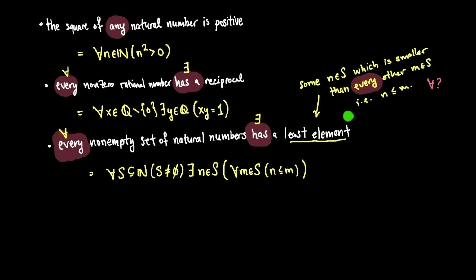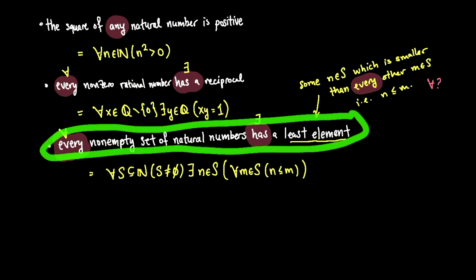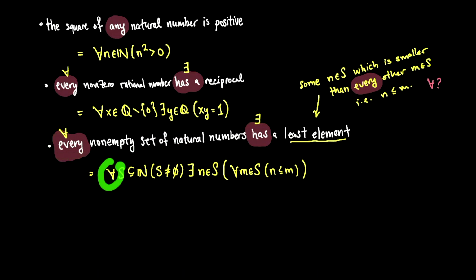So to write this English sentence in symbols, I need 1, 2, 3 quantifiers. Okay, and then there's also small subtleties, like don't forget to mention that S is non-empty. Things like that. Now, you might be wondering what these brackets are for. That's just for readability. Like if I didn't have those brackets there, already the statement's somewhat difficult to read. If I remove the brackets, then it's just even more difficult to read. That's all the brackets are for.